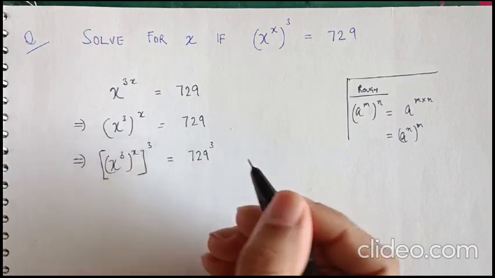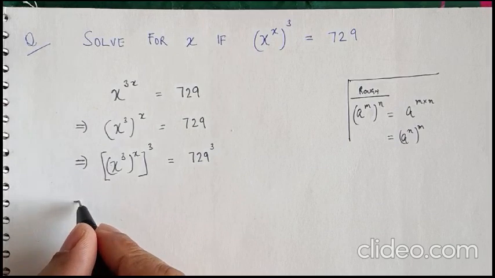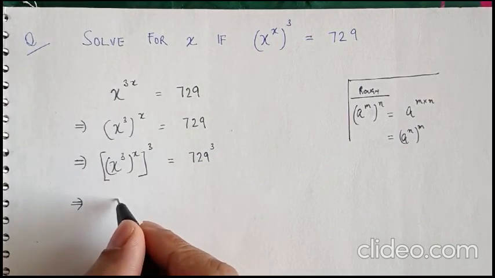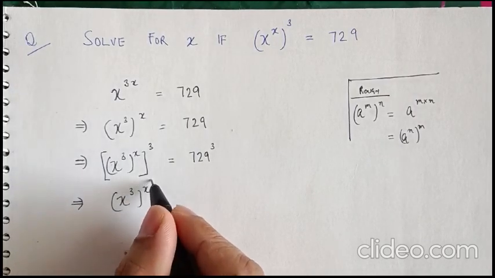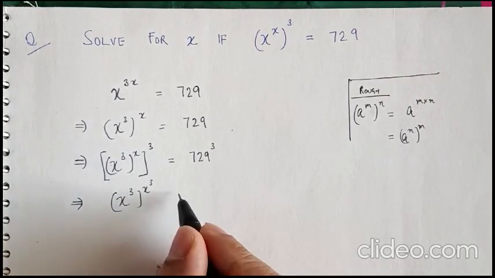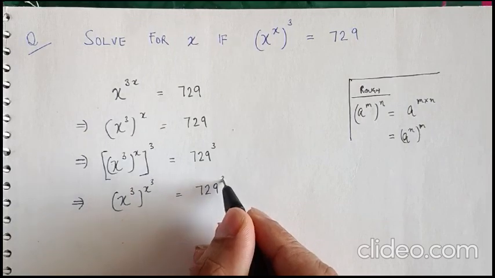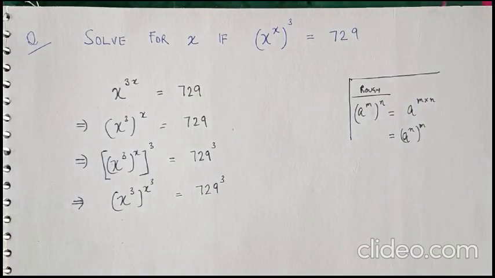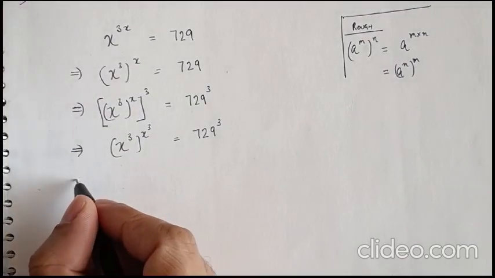So this is equal to 729 to the power of 3, right? Now what do we get here? We get x to the power of 3 to the power of x to the power of 3, right? That is equal to 729 to the power of 3. And the reason why we did this step will become clear very soon.